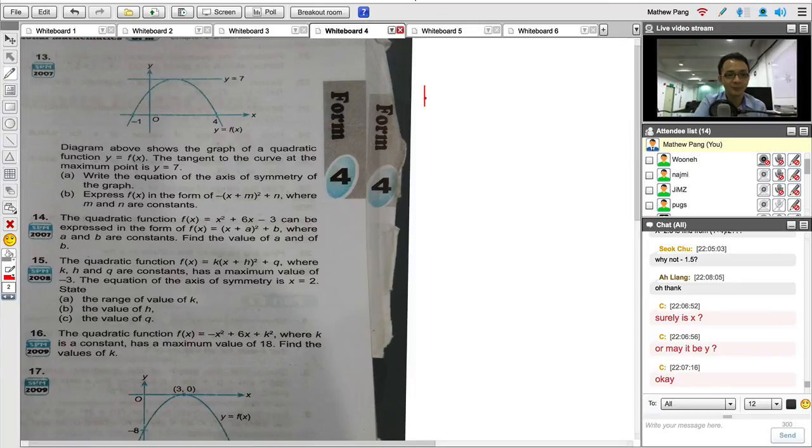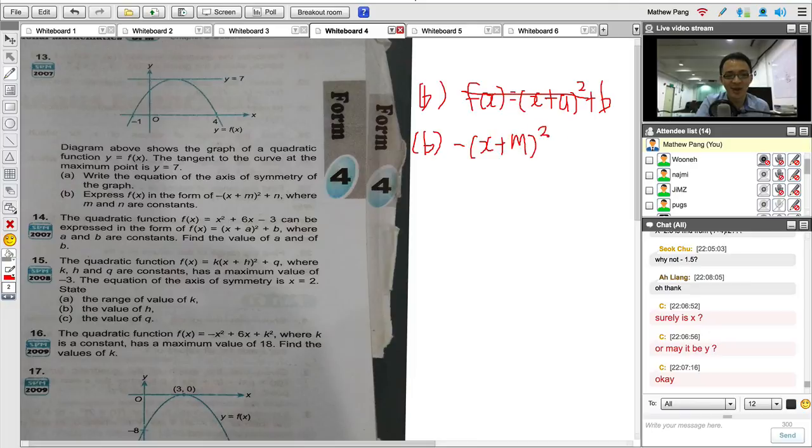Okay, B asks us to write in this form: f(x) equals minus (x plus m) squared plus n. We got the maximum point just now, right? This is (1.5, 7).